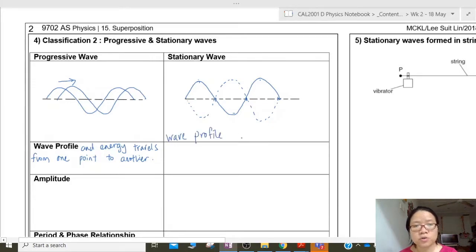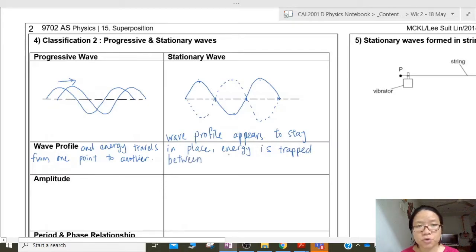All right, so in this case, the wave profile appears to stay in place. Okay, so it's not going to move anywhere, and the energy is trapped. Okay, it's trapped between two nodes. And I will show you a video of that later.